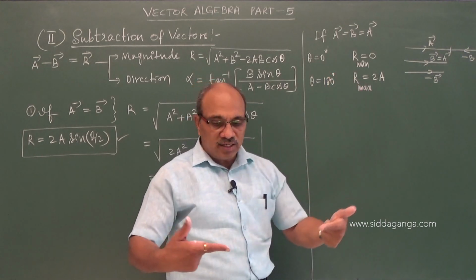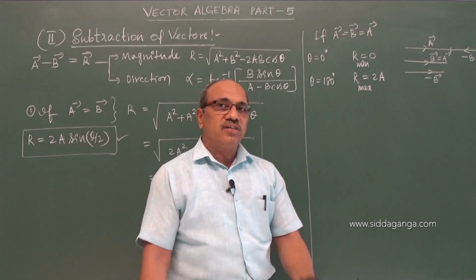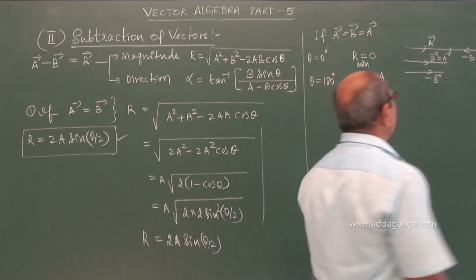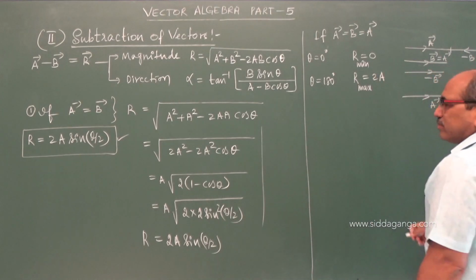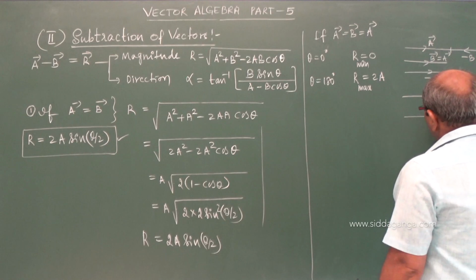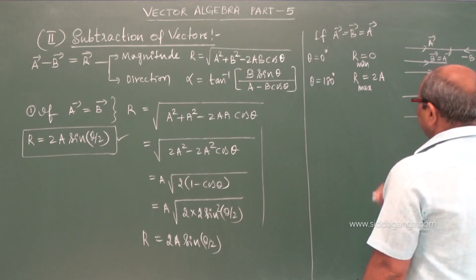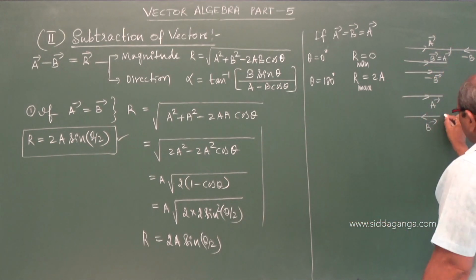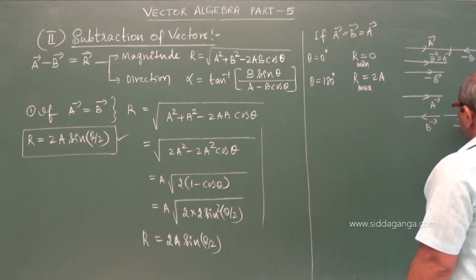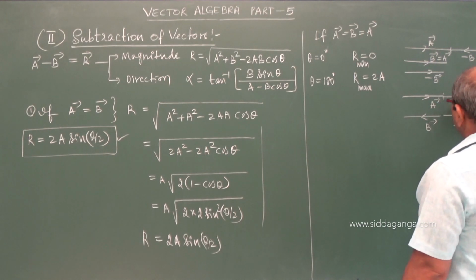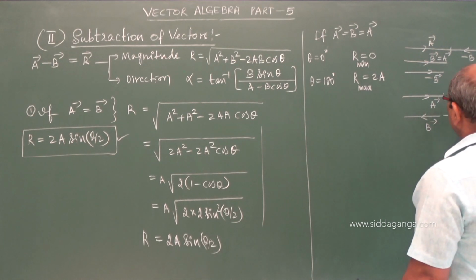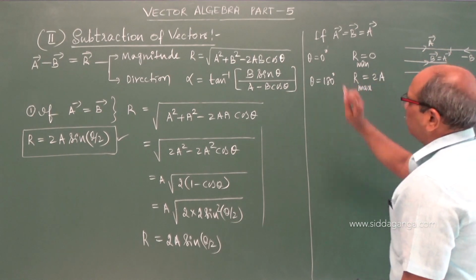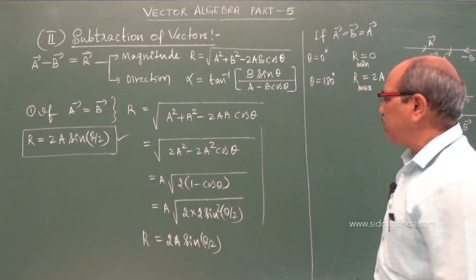But if they act in opposite directions, minus of minus becomes plus. If I take vector A in that direction, vector B is in the opposite direction, but minus B is in the same direction. When added, A and A together become 2A.